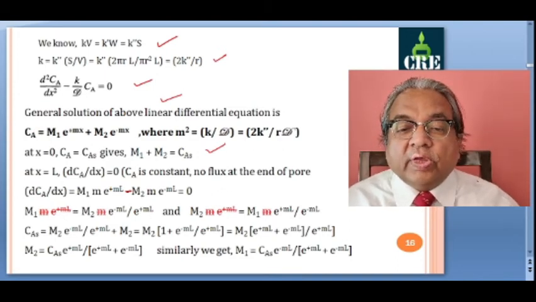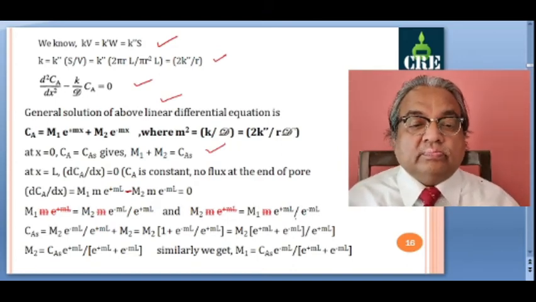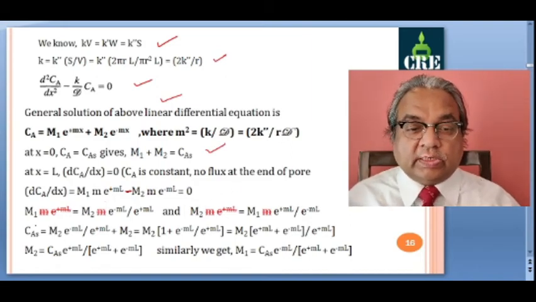Similarly, m2 can be written as m1 into e raised to plus ml divided by e raised to minus ml. So you have to check these signs carefully.